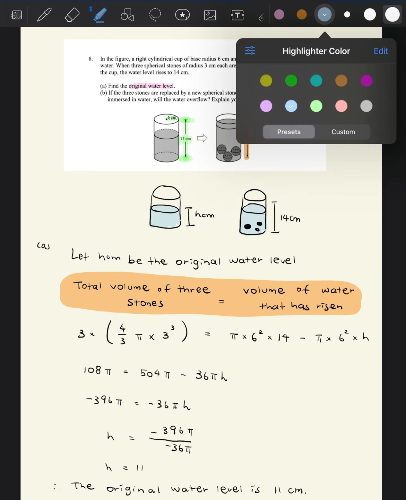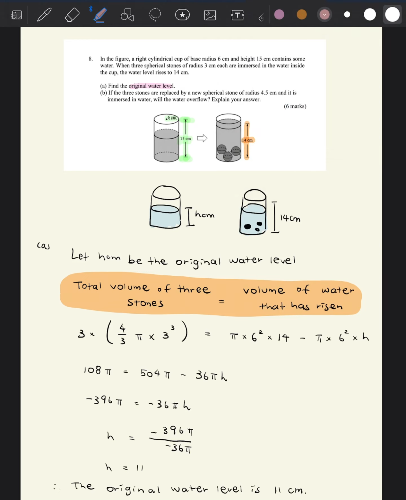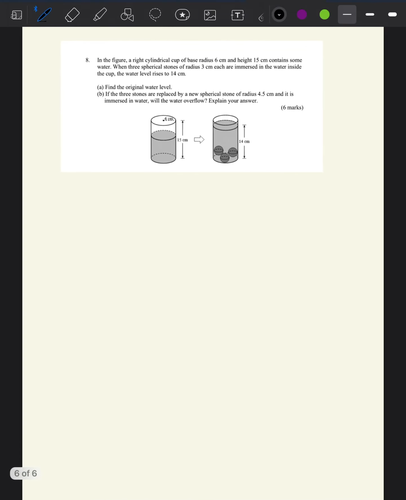Why do I have to emphasize this? Because a lot of you, when you look at this here, thought it's replaced by 3 new spherical stones that have a radius of 4.5, but actually now, we don't have space, so we go to the next part. So here, instead of this, now they change it.